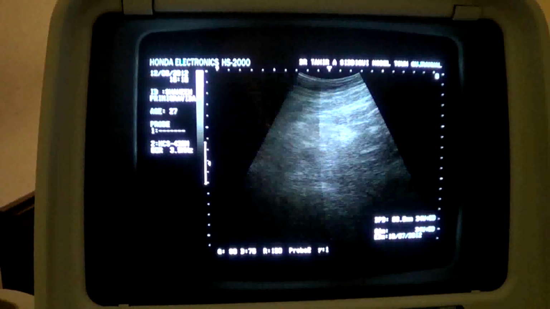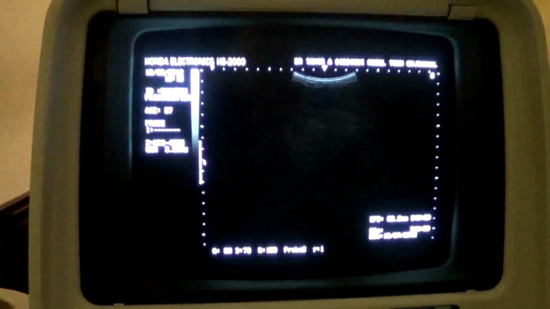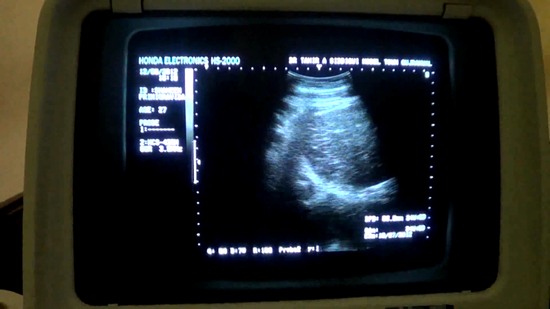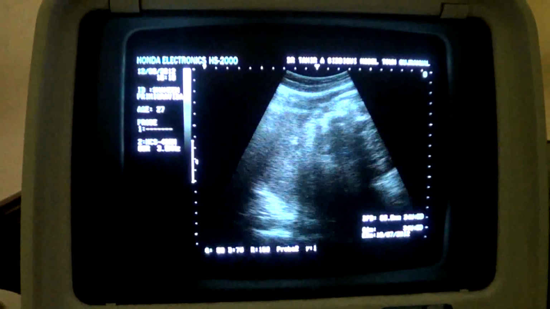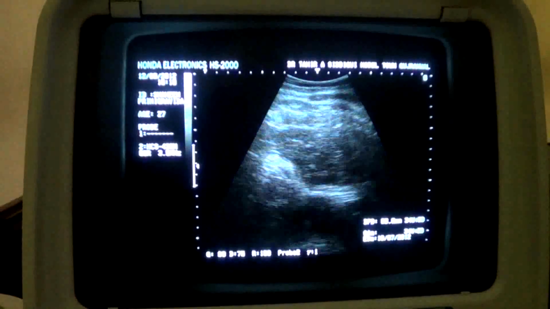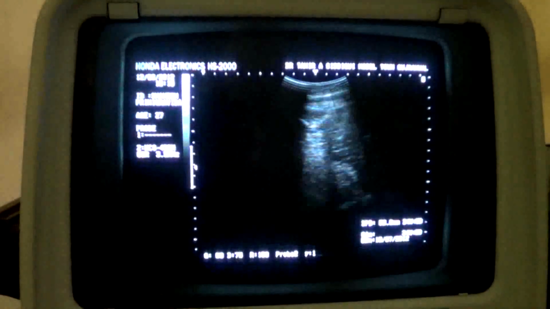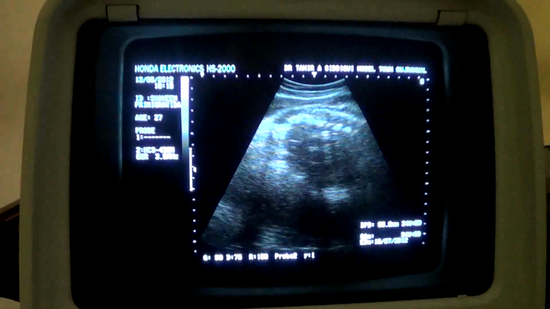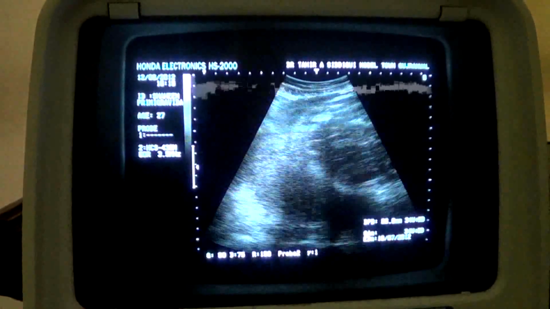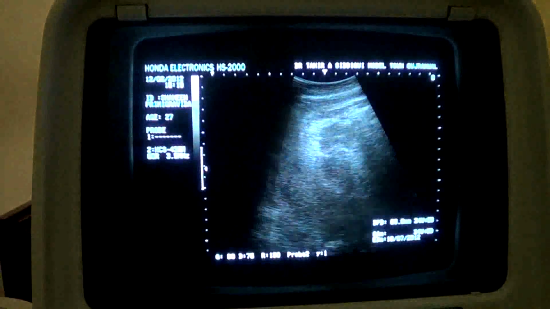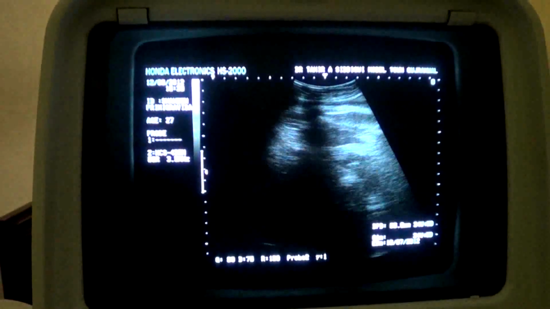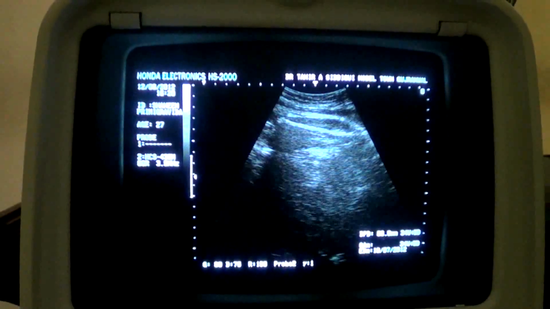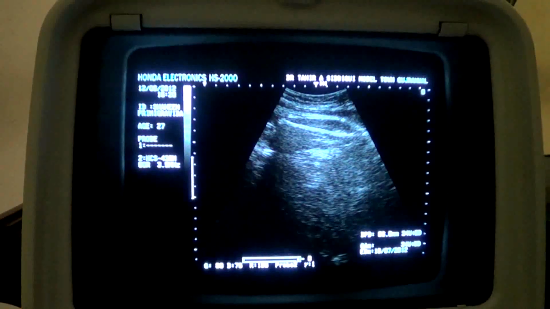Now, moving towards the femur length. That's because in the last trimester, at least at 34 weeks or above, we should try to get the gestational age by femur length rather than the BPD, because the head is really lowered down and you may get a false reading.